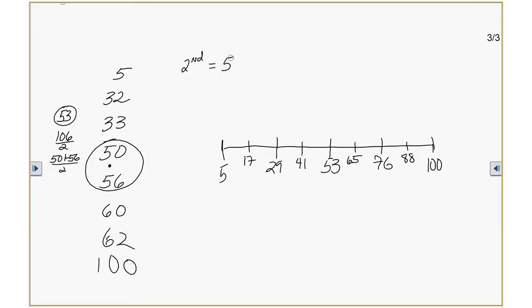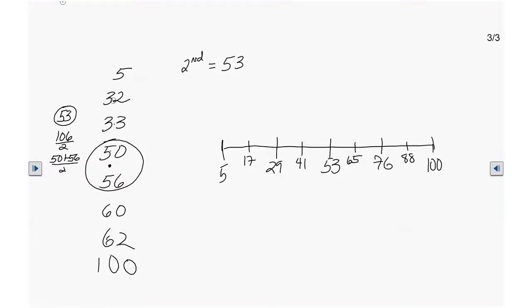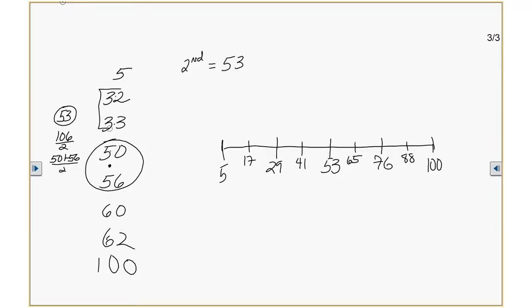53. Now, how many numbers are above that? 4. 1, 2, 3, 4. So we have to take the average of these two. 32 plus 33 over 2. 32 plus 33 is 65 divided by 2. 32.5.